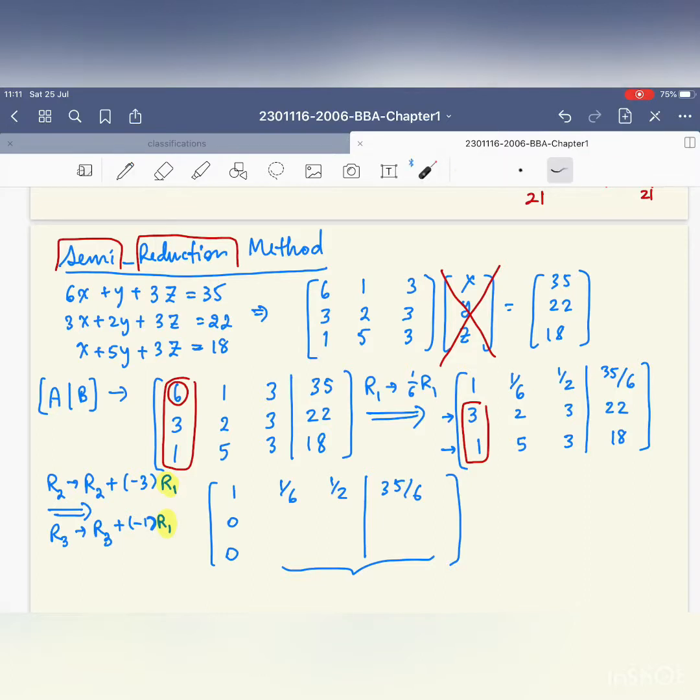So the first one, you are going to multiply -3 to your R1. So here it is -3/6, or -1/2, with the 2, so you have 3/2. This one you also multiply by -3, so it's -3/2 with the 6/2, so together you get 3/2.